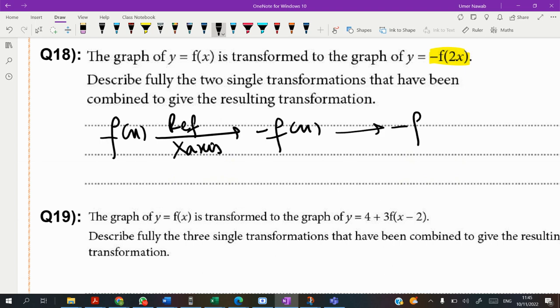And then after that minus f, I do something with the input. I did the horizontal stretch. I multiplied the x by 2, the scale factor will be opposite, so it's a horizontal stretch with a scale factor of half. So these are the two transformations happening in front of us. Is it clear?